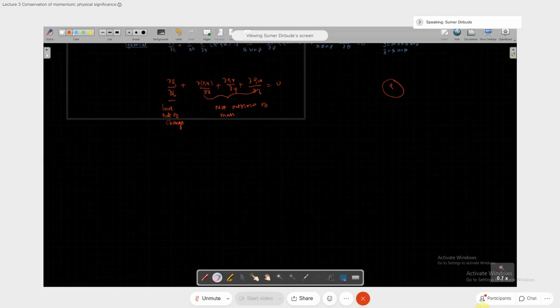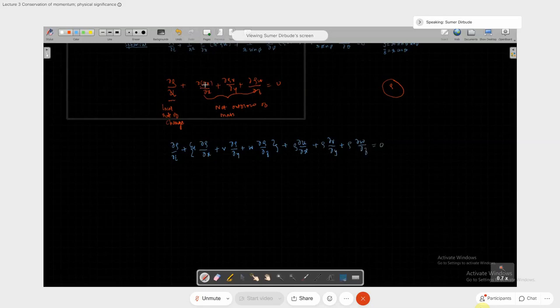To do that, we just expand: ∂ρ/∂t plus u ∂ρ/∂x plus ρ ∂u/∂x, and similarly v ∂ρ/∂y plus w ∂ρ/∂z, plus ρ ∂v/∂y plus ρ ∂w/∂z.